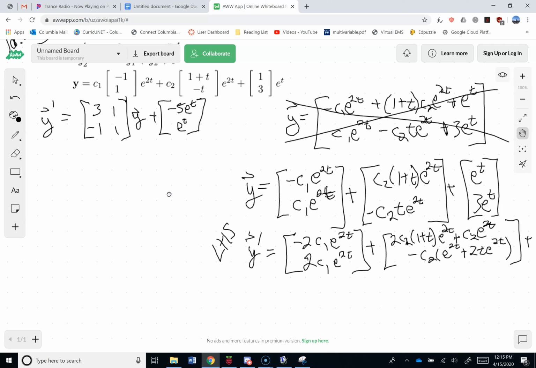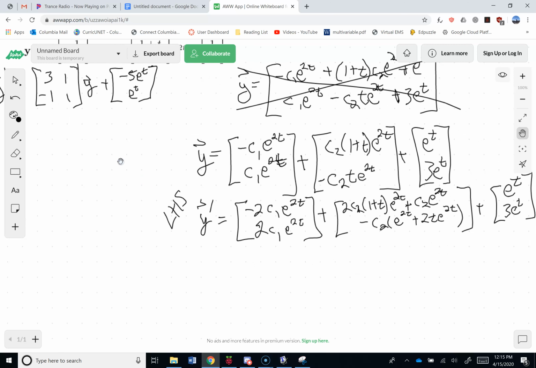All right, so I can do that in pieces. So my matrix is 3, 1, minus 1, 1. And I'm going to multiply by minus 2c1 e to the 2t, 2c1 e to the 2t. So this is just going to be my, oops. What am I doing wrong? I did something very dumb.